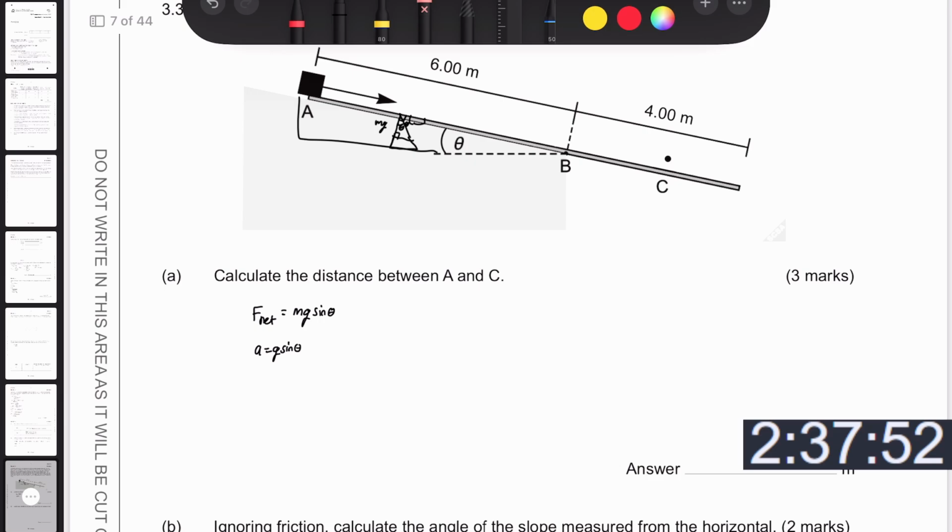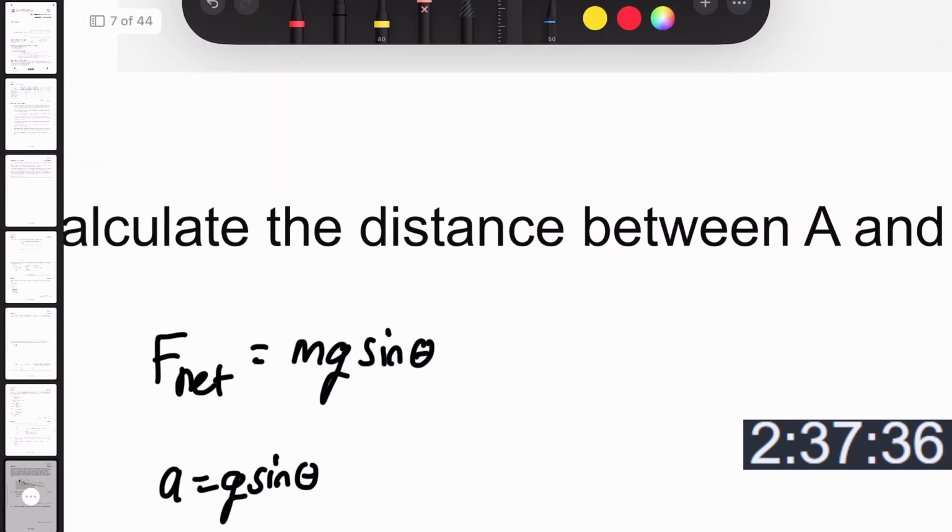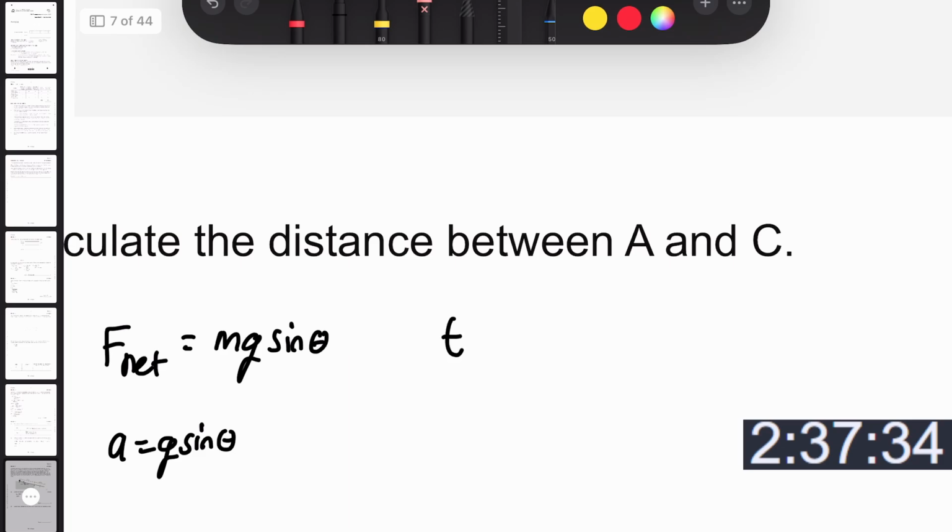I don't get this question at all. Calculate the distance between A and C. So t equals 3.3.